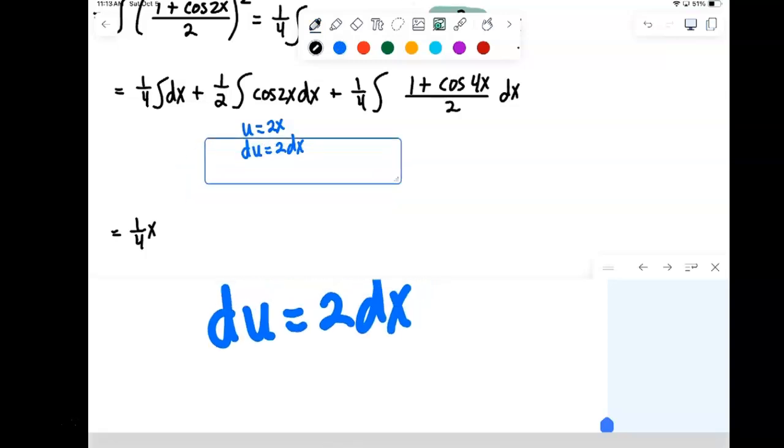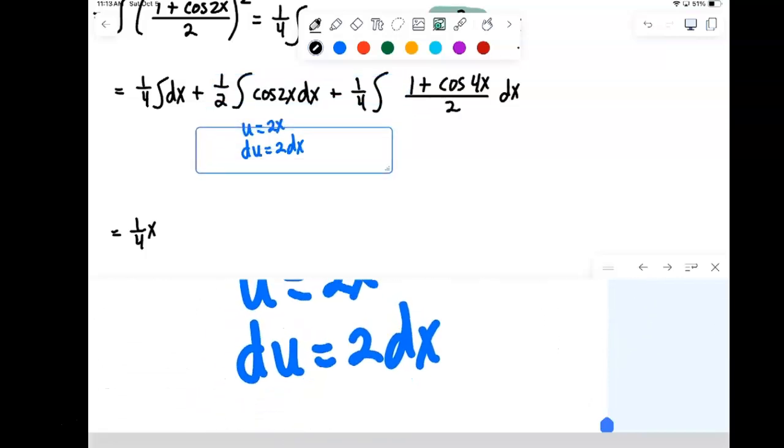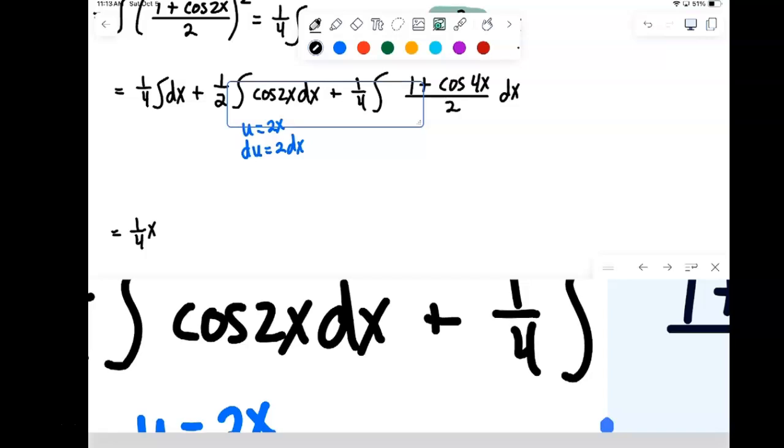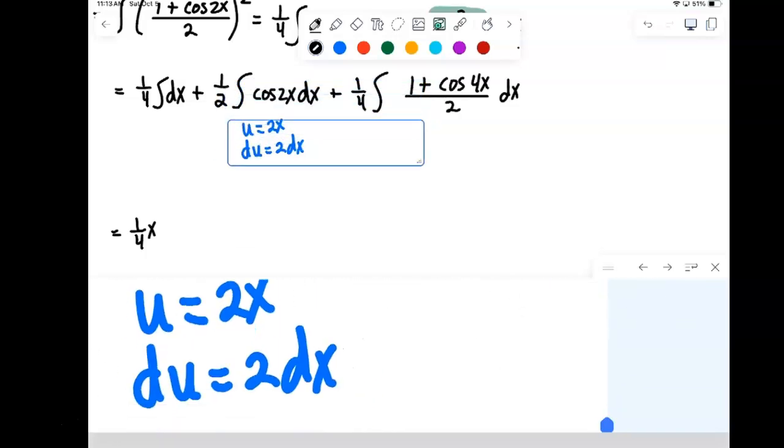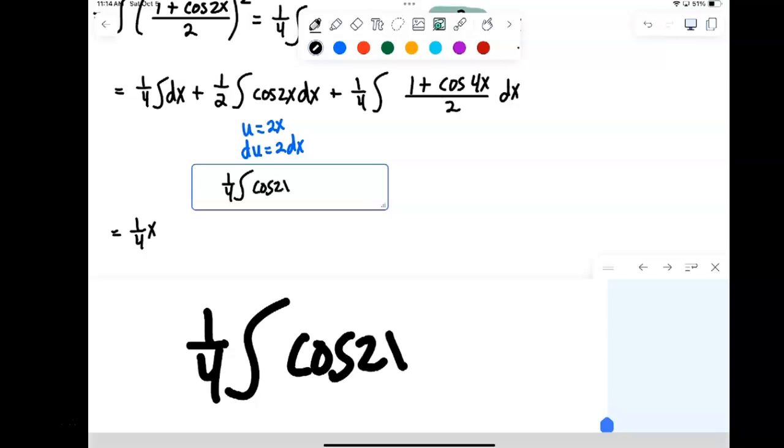I don't have a 2, so I put the 2 with the dx and then divide by it out front. So that'll actually be 1/4 integral cosine 2x times 2 dx.